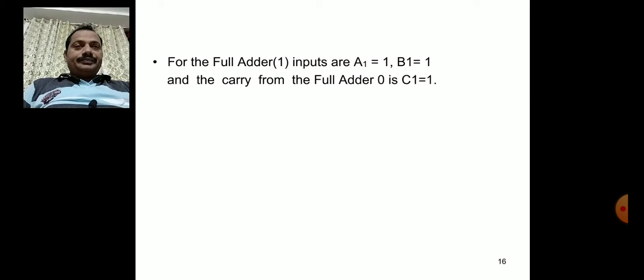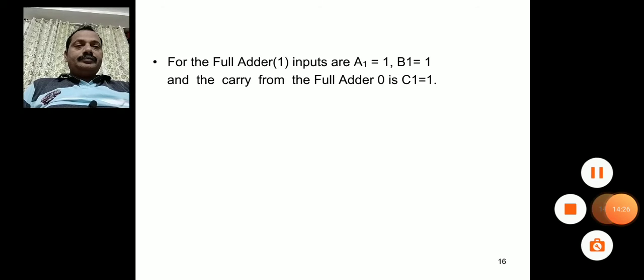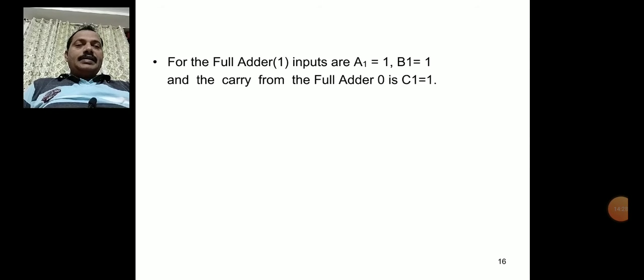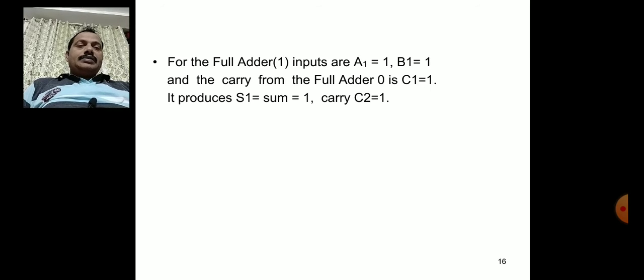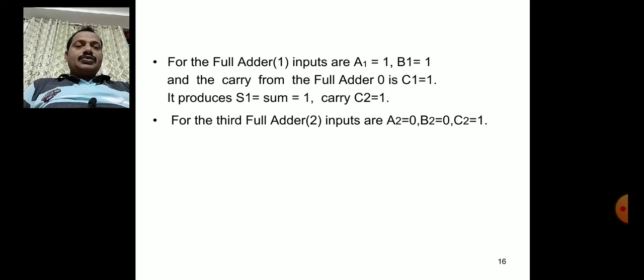So this is the parallel carry addition. For the full adder inputs, whenever A1 equals 1, B1 equals 1, and C1 equals 1, it produces sum equal to 1, carry equal to 1.